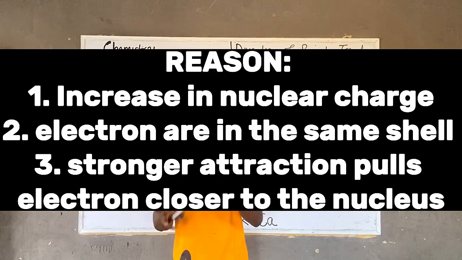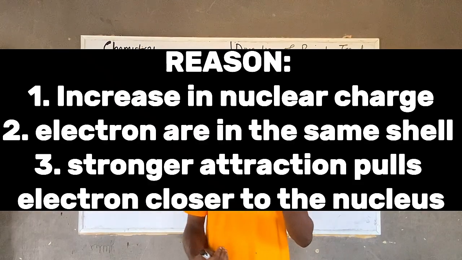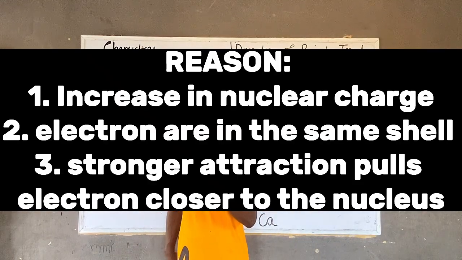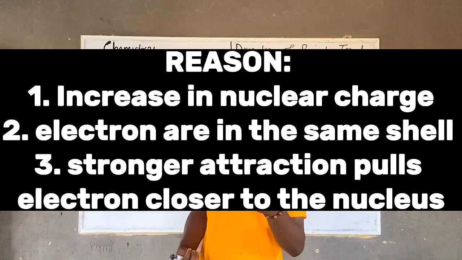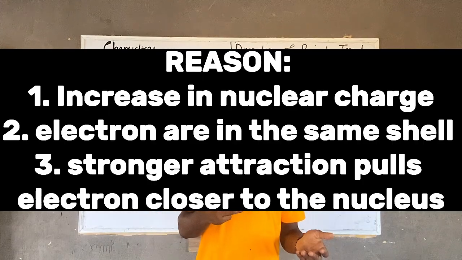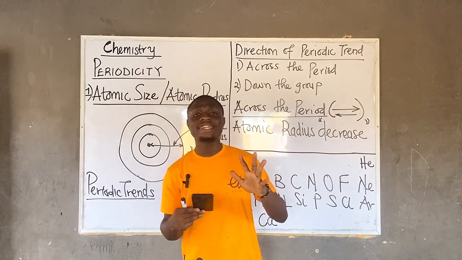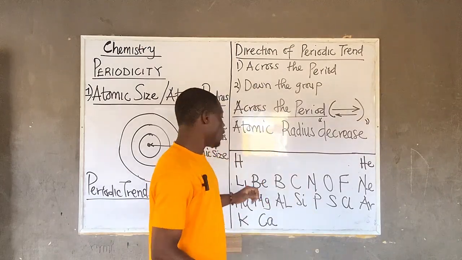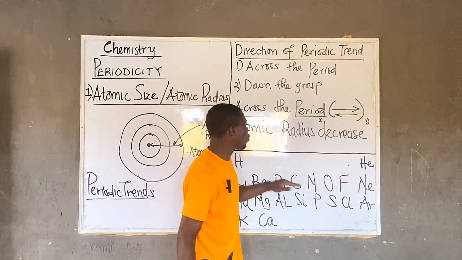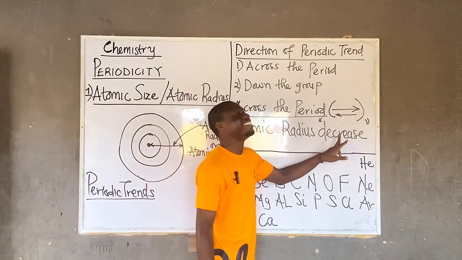Number three: stronger attraction pulls electrons closer to the nucleus. So these are the three reasons why, when you are going across the period, atomic radius decreases.